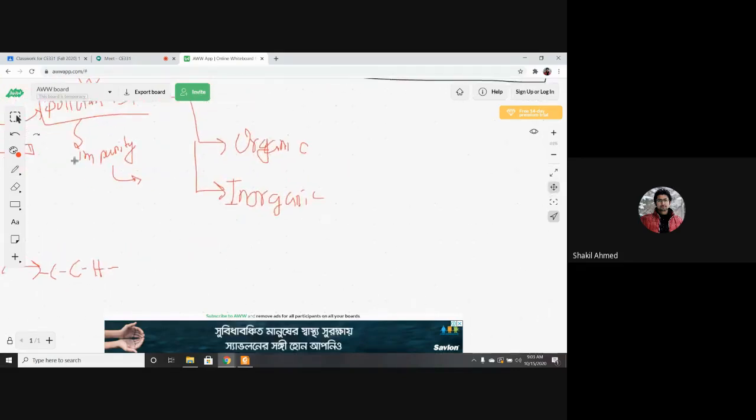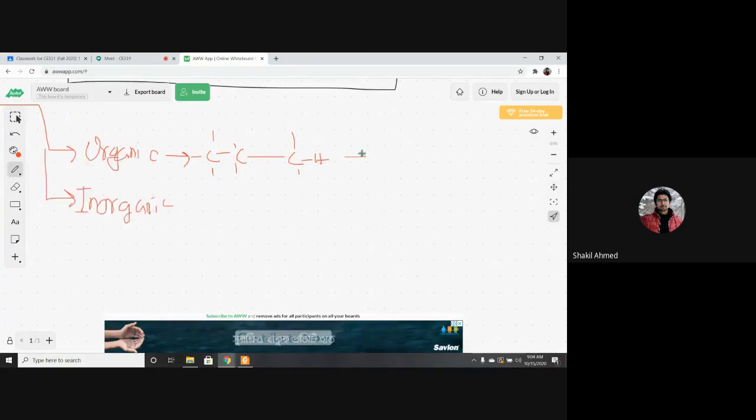So organic, as I told you, has a long carbon chain. The examples are oil, then any synthetic organic matter that has this carbon-hydrogen chain, any food, anything that has this carbon-hydrogen chain.